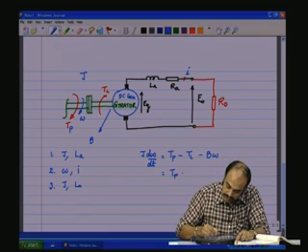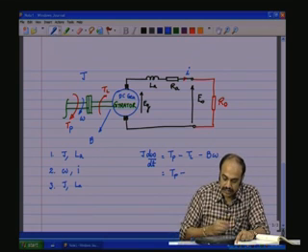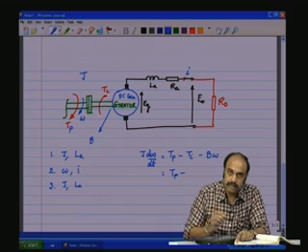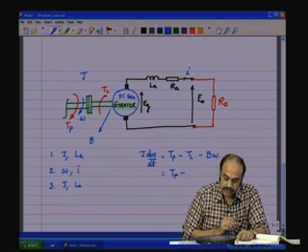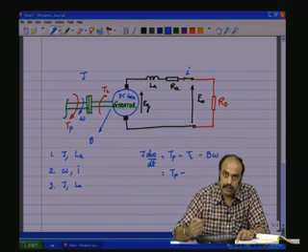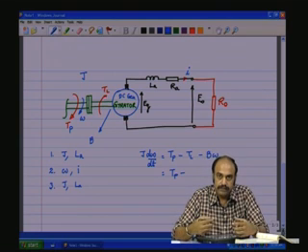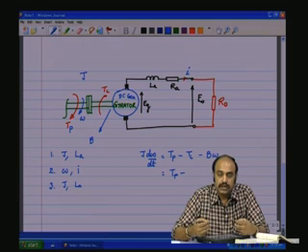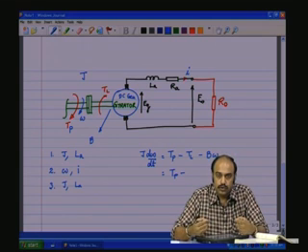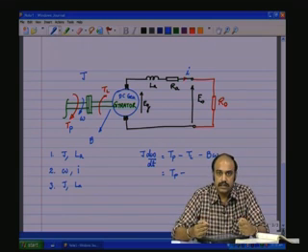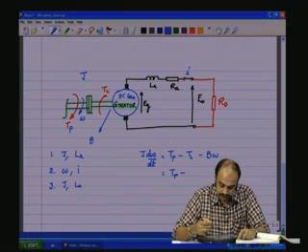So, Tp minus TL, and now TL should be represented in terms of only state variables. We stated right in the beginning, at the time of forming state equations, that all the variables with which you form the state equation should be input variables and state variables only.